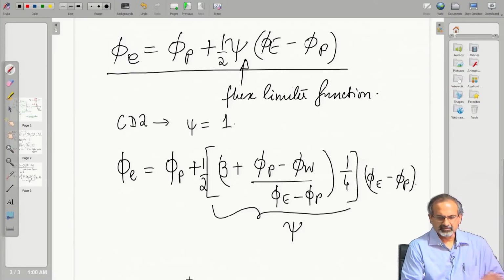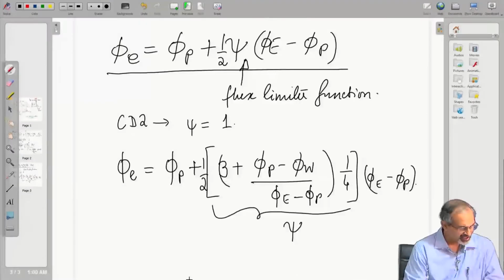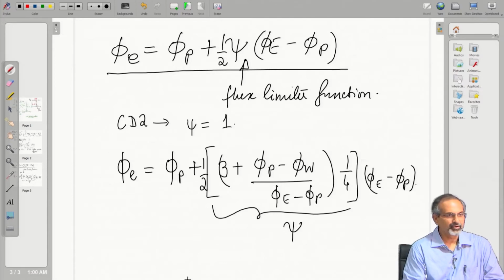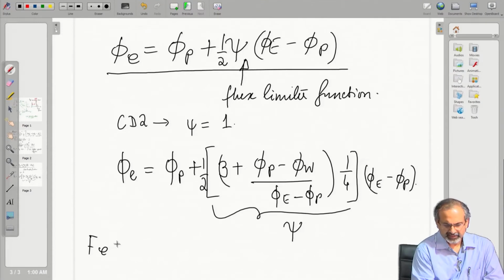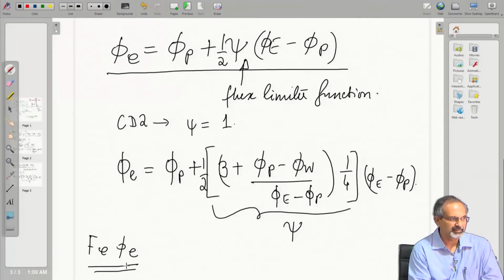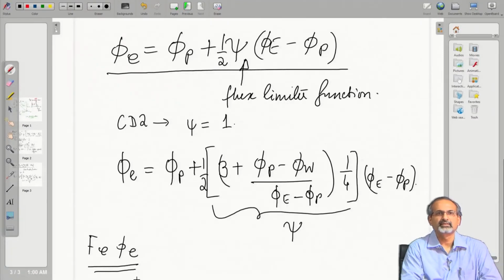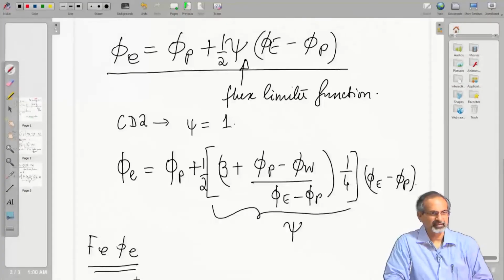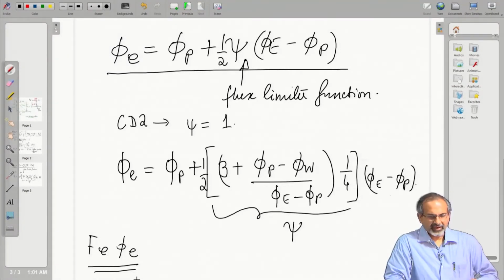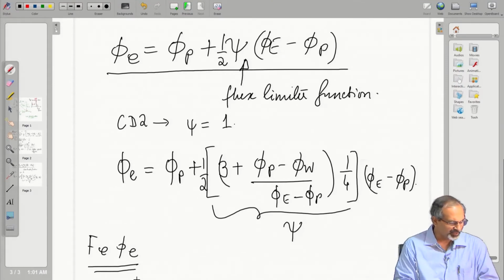So, this portion of the expression involving psi, what is it? It is like an additional convective or advective flux, right. So, when I use this in the advection diffusion equation, this will actually be used as F e times phi e, is it not, which will account for the advective flux at the east face of the cell P. So, if I have an additional term in addition to phi p accounted by that psi portion of the expression, then that must be an additional advective flux contribution.